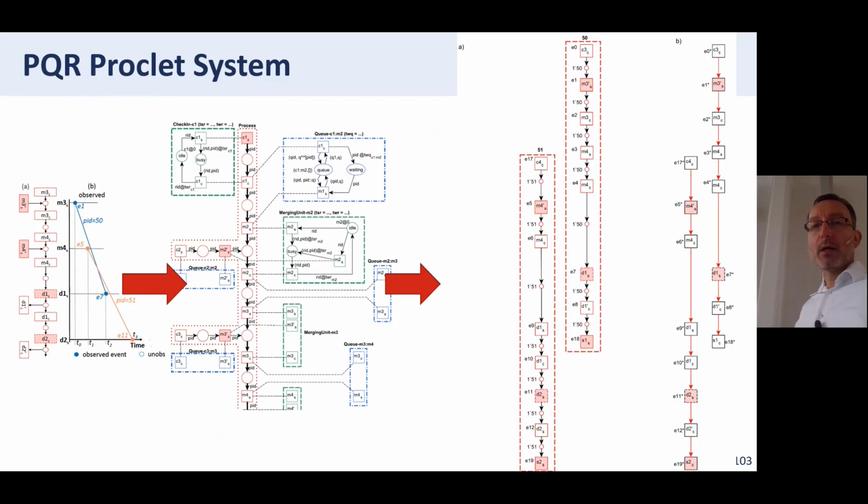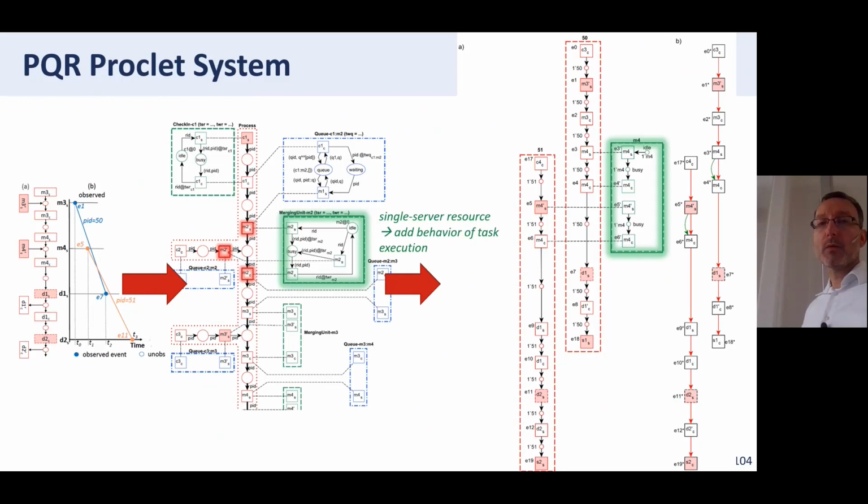Now, let's bring in the resources. We can also replay the behavior, so the data, over the single server resources. So we know, because this event was logged, it's a start event of a task. By following this life cycle, there must have been the complete event, and they are together because of a single server resource.